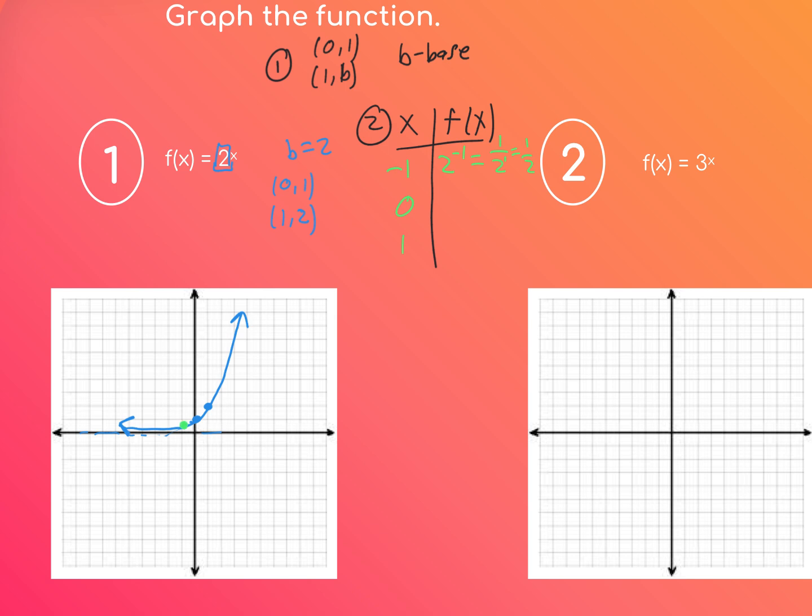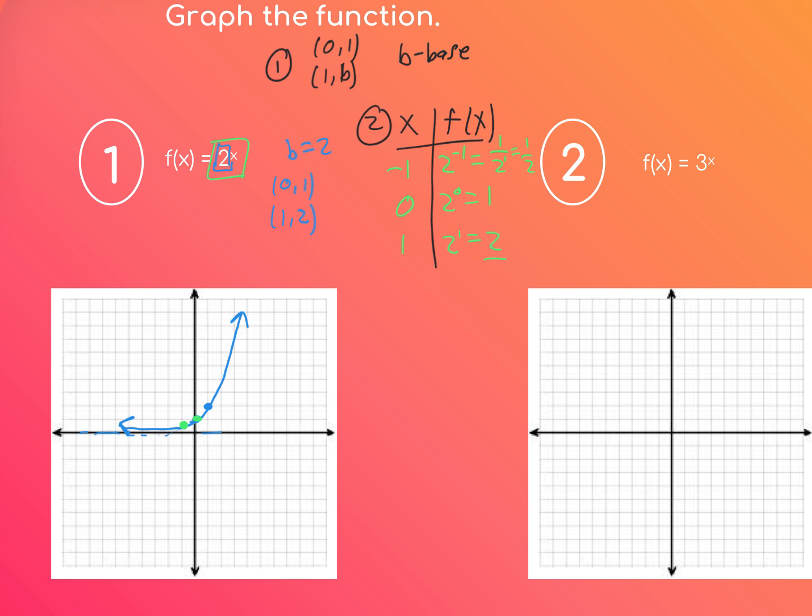And then when x is 0, we get 2 to the power of 0, and anything to the 0 is 1. So (0, 1), that's where that point comes from, and it is always going to be the case when it's as simple a function as this. With transformations, it might change things around, but for now, that's what you need to know. And for x equals 1, we get 2 to the first power, which is just 2, our base.